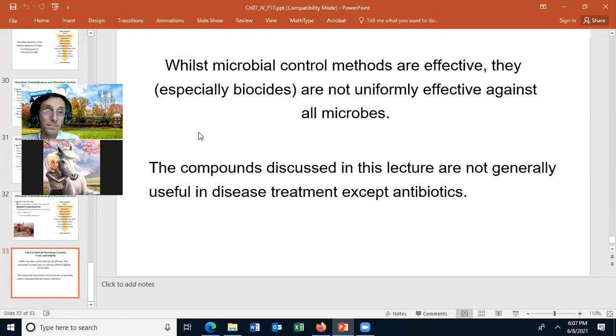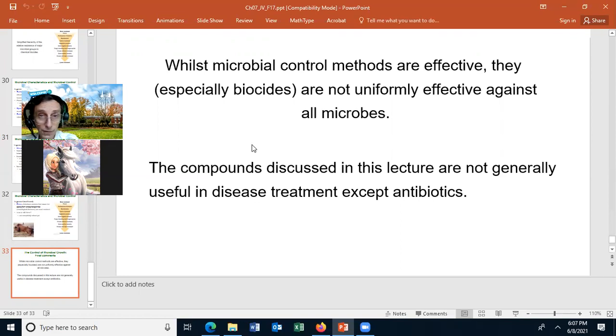An example of a biocide which is very effective is bleach. Bleach even kills some endospores, although it does not kill all endospores of all species. It does kill some endospores. And yet, bleach is highly inactivated by organic matter. And so in the hospital setting, almost all of your samples will have organic matter around it.